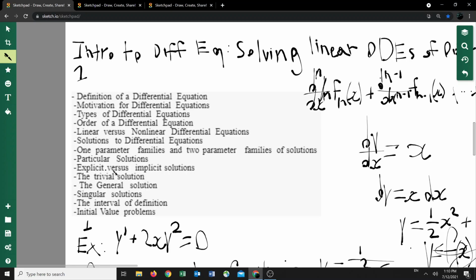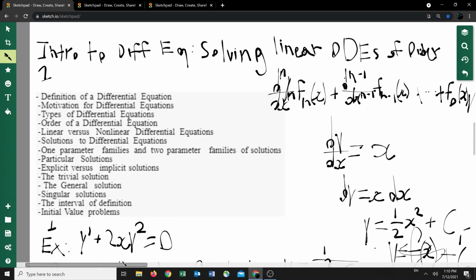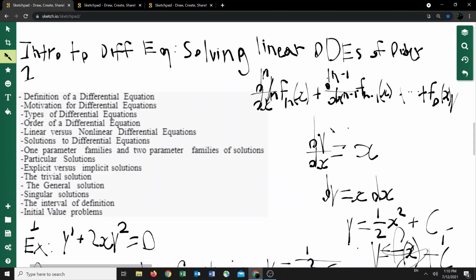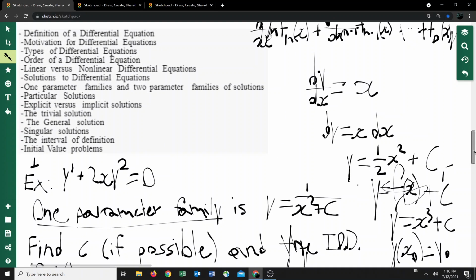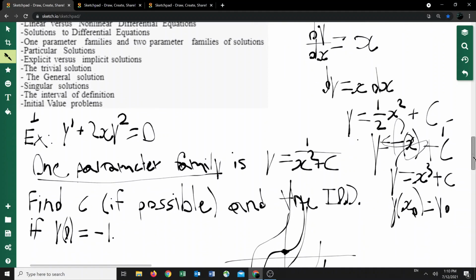So we did particular solutions, now explicit versus implicit. This is a really basic idea. We already talked about explicit solutions.